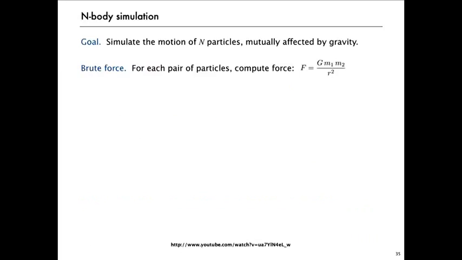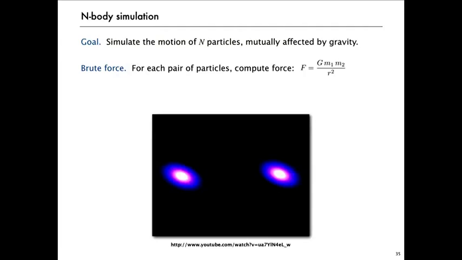And in particular, just as another example, consider the idea of n-body simulation, which is a classic problem in physics. You've got n particles mutually affected by gravity, and basically the computation is based on computing the interacting force for each pair of particles.